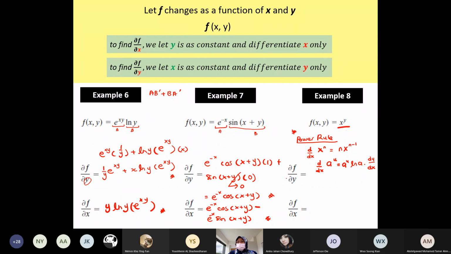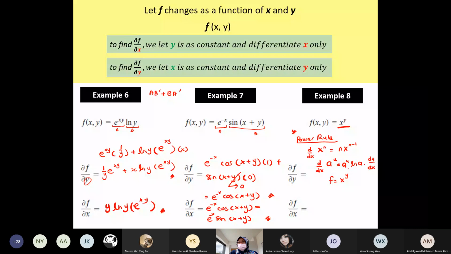So if you have the function x to the power of y, you may refer to here. Now let a equal x and u equal y here. So how can you solve this one?